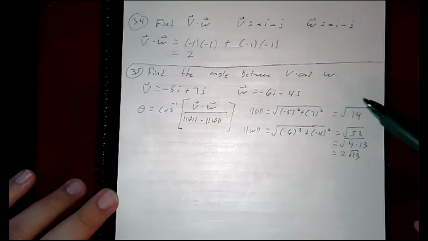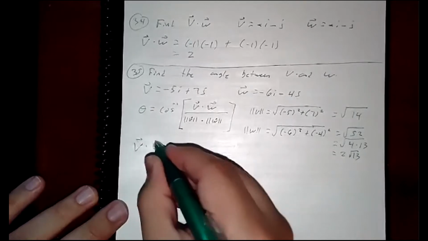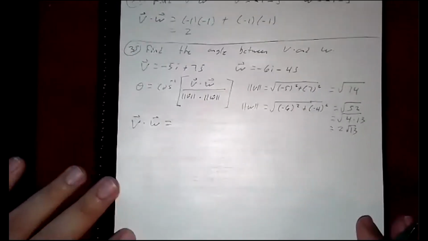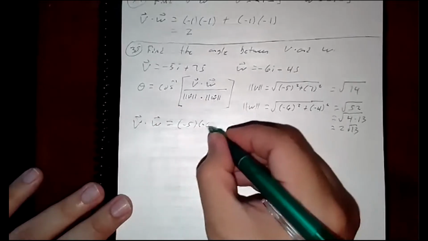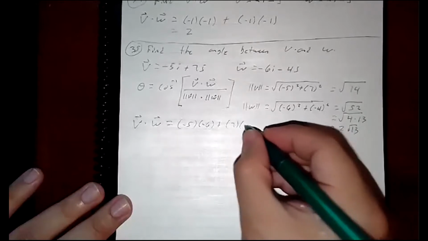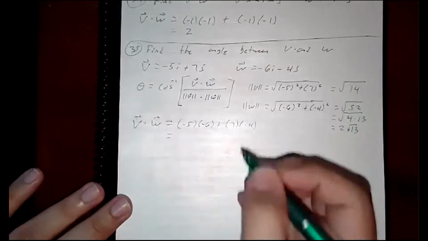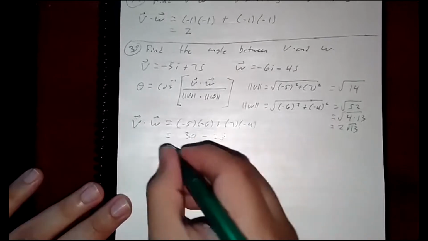All right, so now we just need the dot product. And we're pretty much good. V dot W, that would be the i pieces multiplied together plus the j pieces multiplied together. So that will be 30 minus 28, which is 2.